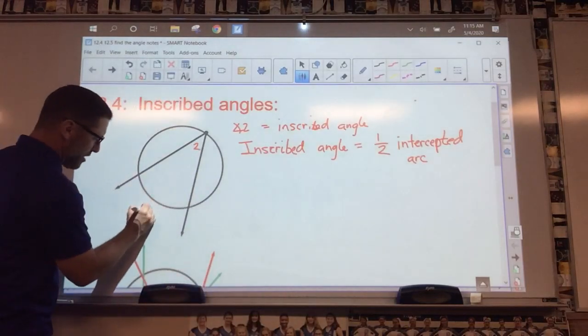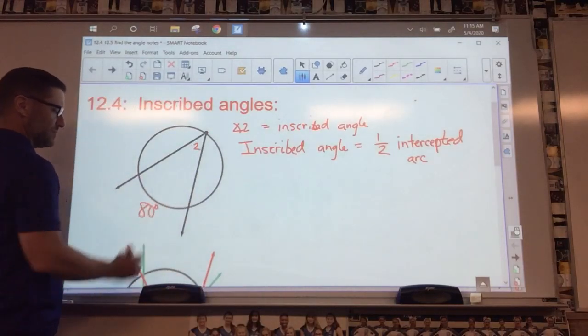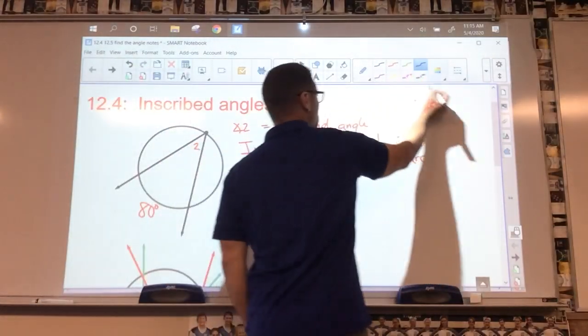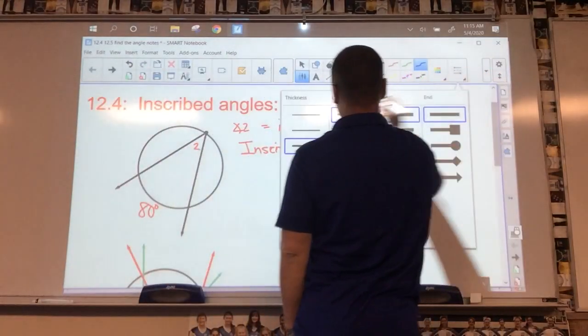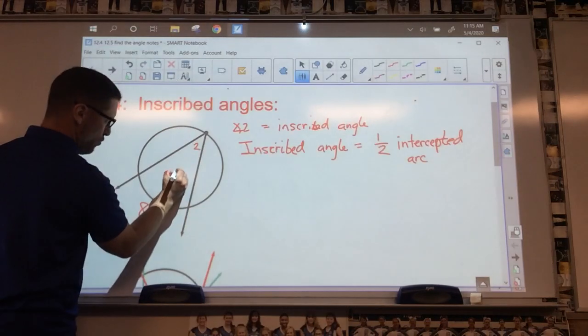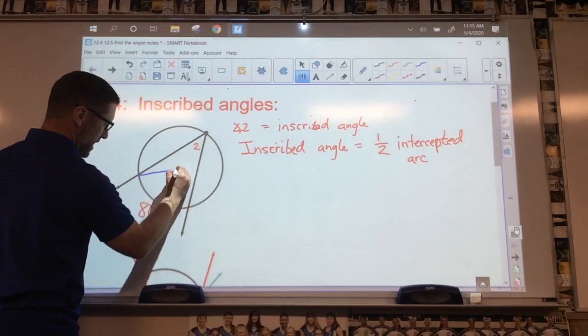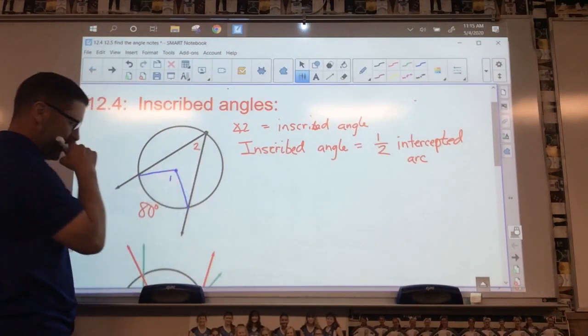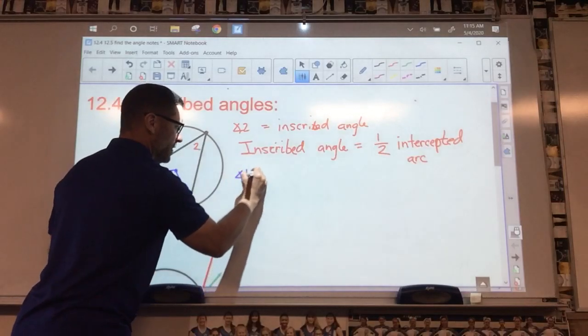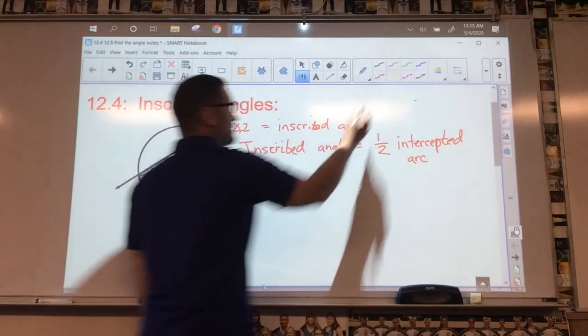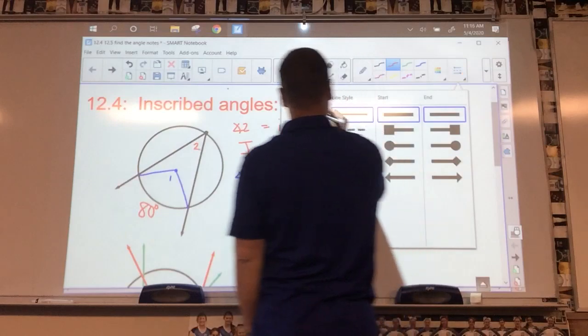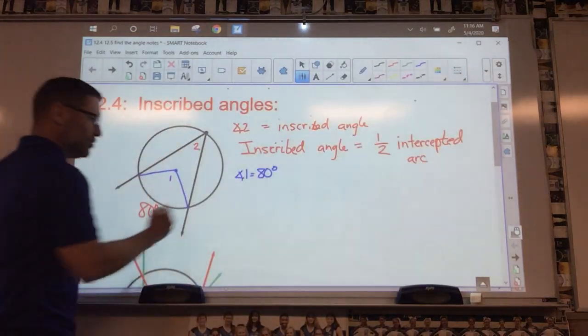So let's say this arc is about 80 degrees. Here are the things that we could come up with. I'm going to go back to the blue real quick. One thing I know is this central angle right here, I'm going to call it angle 1. I know that angle 1 would also be 80 degrees. But I would also know angle 2 now.